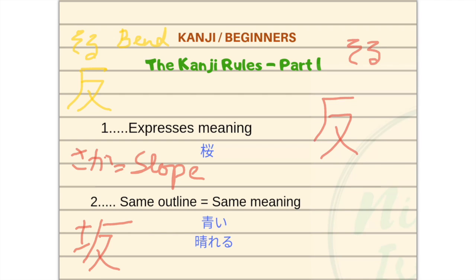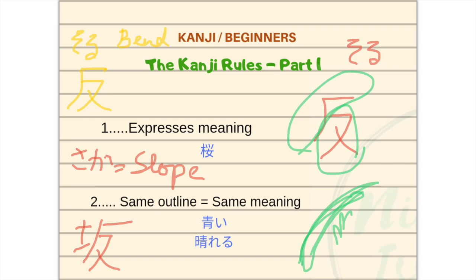And how do we remember this kanji? Let us use our imagination and consider this as our hand, and consider this part as a curve, and this is our hand.